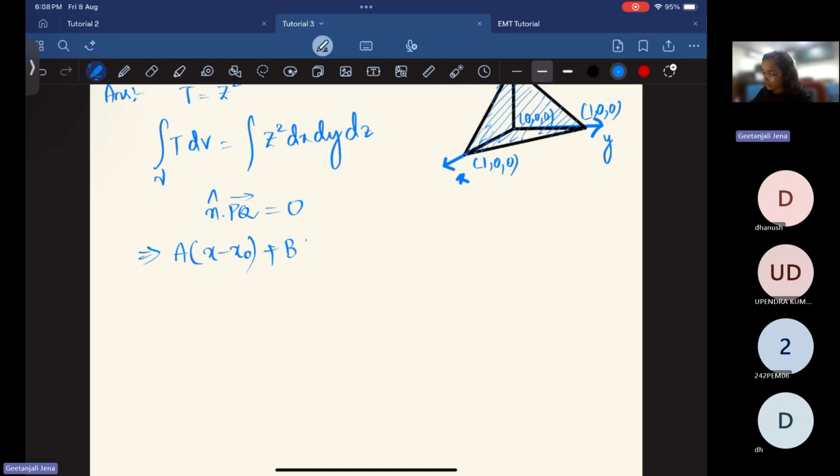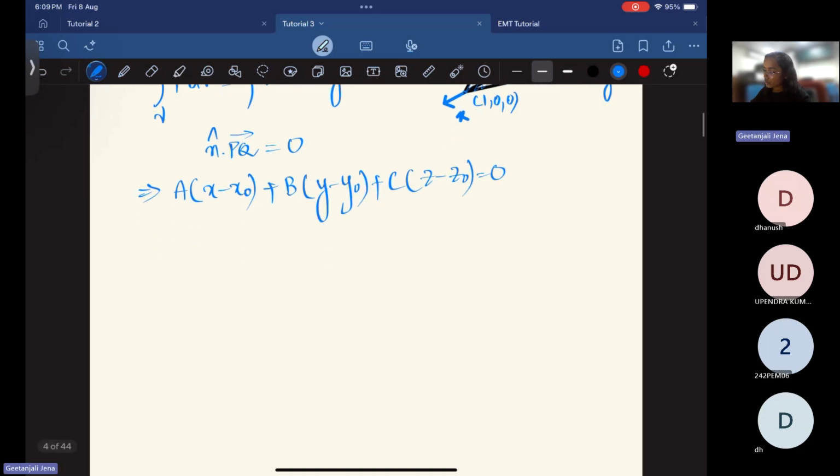Using this, you can easily find that the equation of a plane is a(x minus x0) plus b(y minus y0) plus c(z minus z0) equal to 0. Here a, b, c are the xyz components of the normal vector, and x0, y0, z0 is one of the corner points of this tetrahedron.